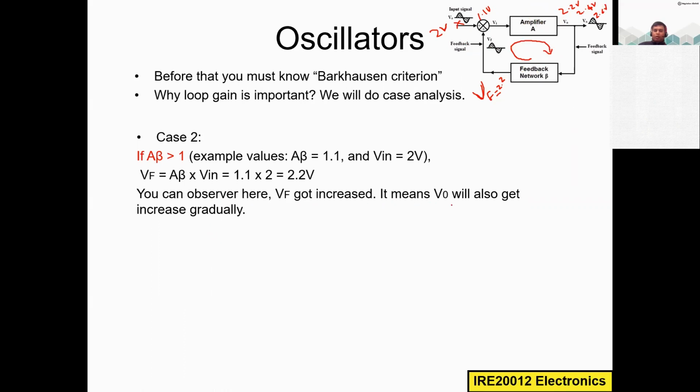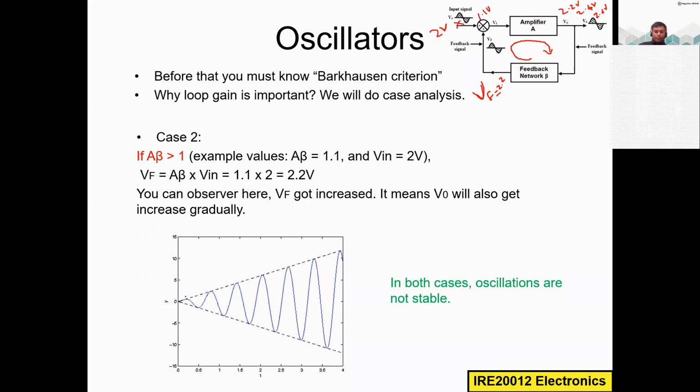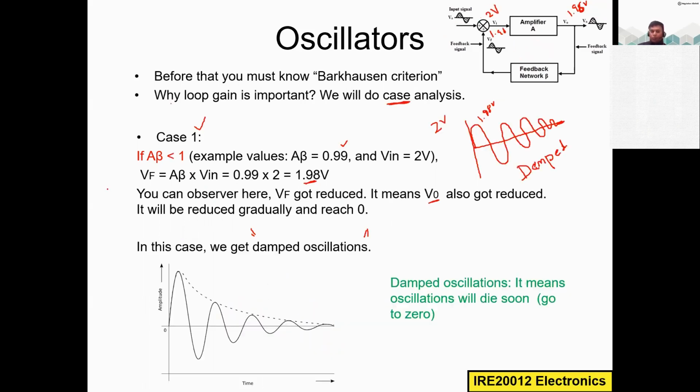The output will get increased gradually like this and go infinitely up. This is not what we want in the oscillator. So here oscillations are not stable. This is case 2, when A beta is greater than 1. In case 1, when A beta is less than 1, oscillations are also not stable.